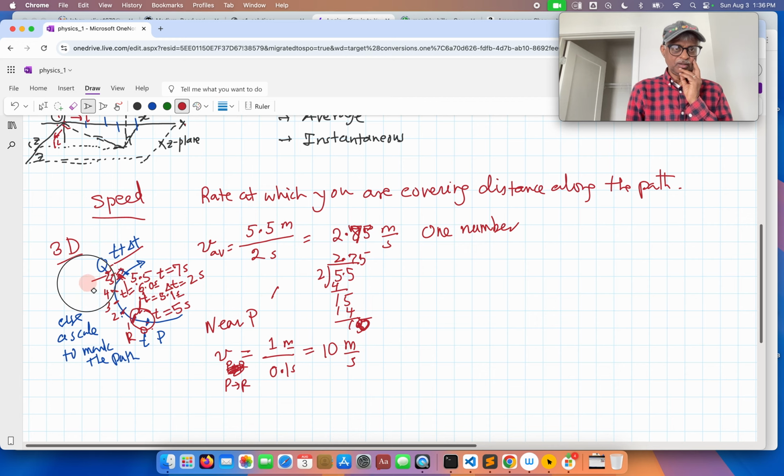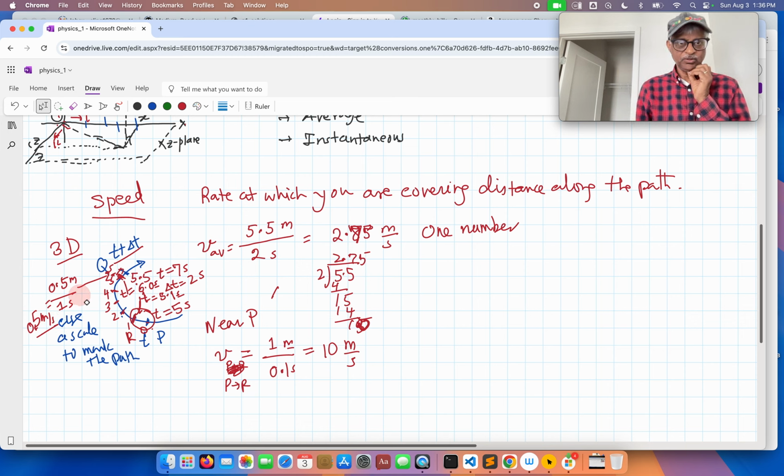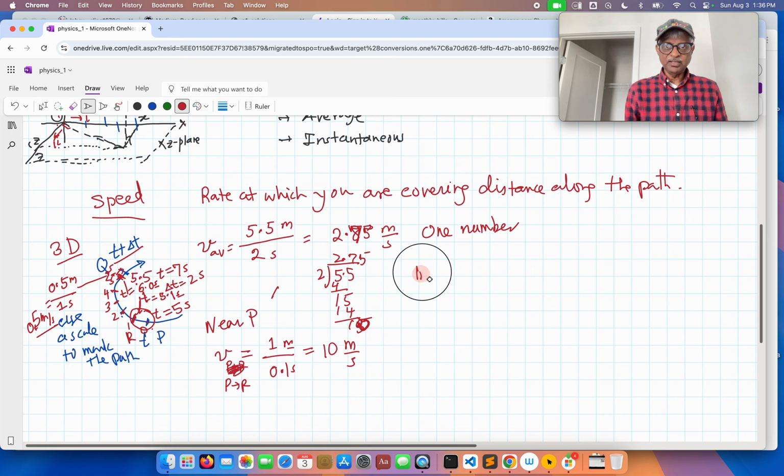So it covered 0.5 meter but took 1 whole second. So this will be 0.5 meter per second. So you can see that it's fast, slow, at different places. So there is a concept called instantaneous speed.